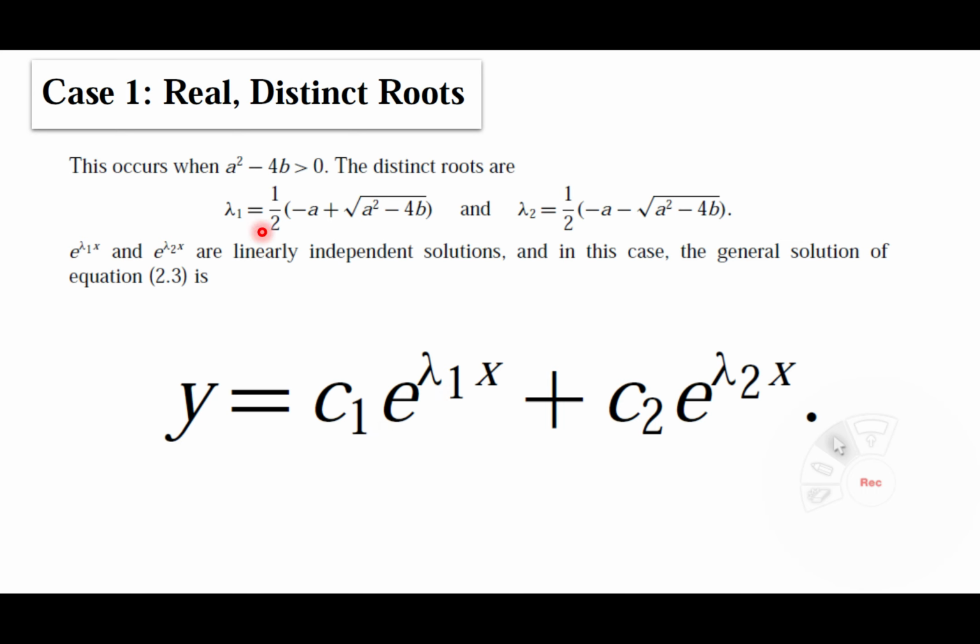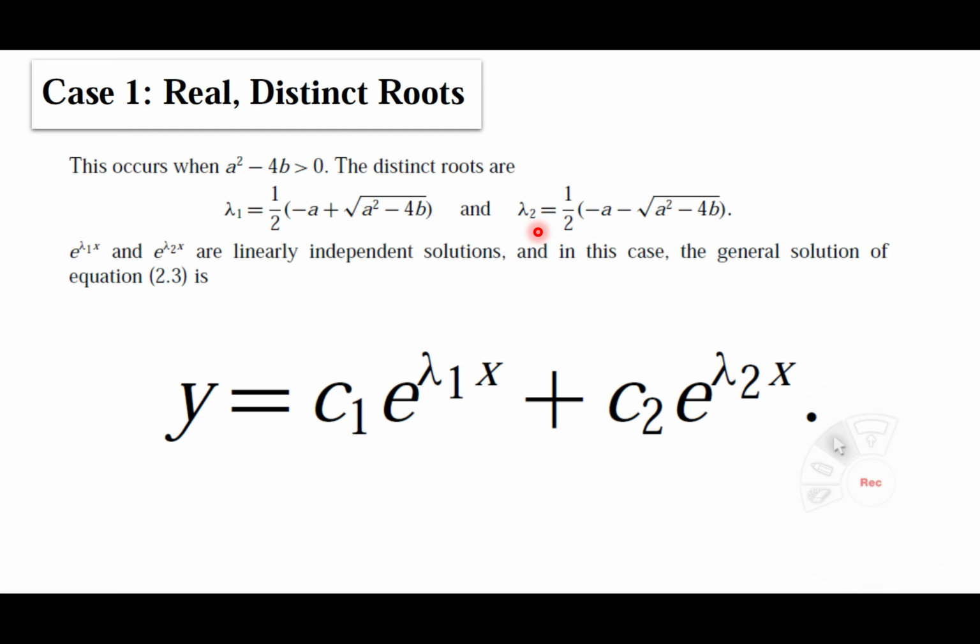It is the first root here, this one. Plus C2 times e raised to lambda 2 x. What is lambda 2? Exactly, it is the second root, the second real distinct root.